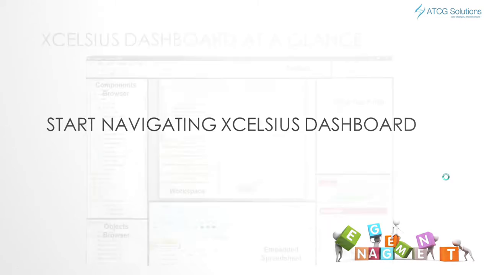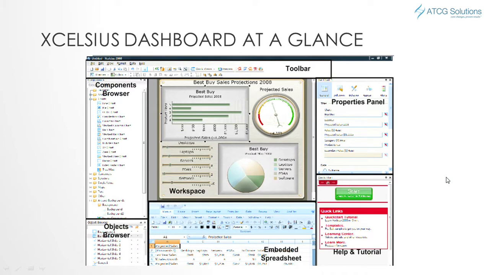So let's start navigating Xcelsius dashboard. This is what it looks like. We can see it is divided into 5 parts. Components browser: we can find every kind of chart like line chart, bar chart, or pie chart, and selectors like filter, checkbox, combo box, all from here.